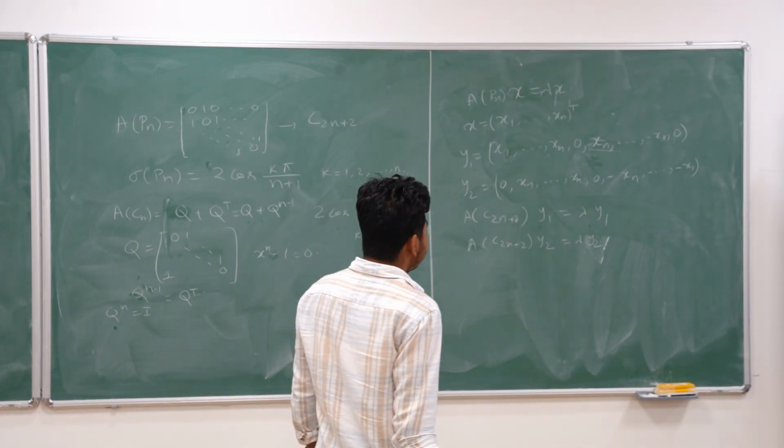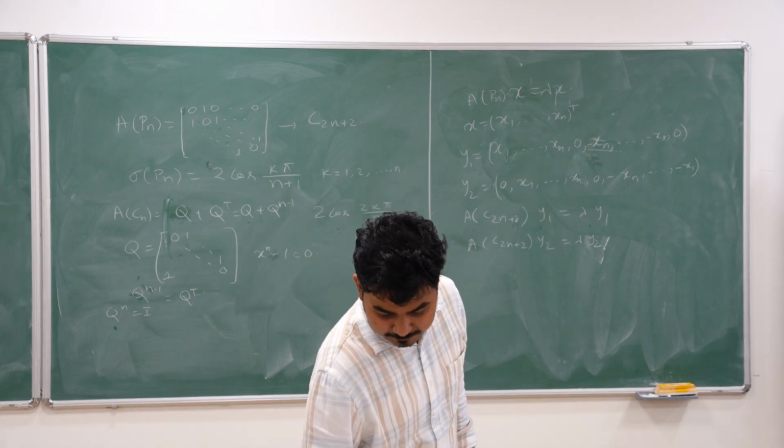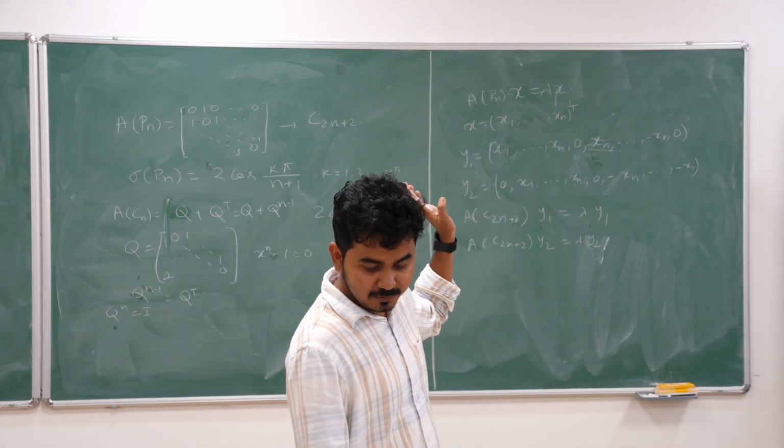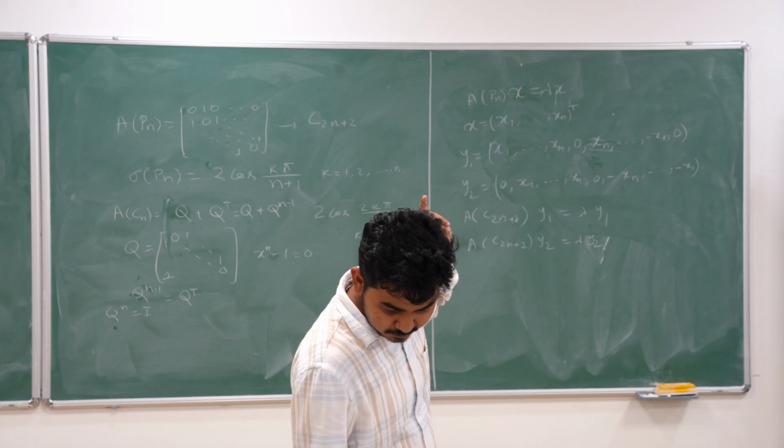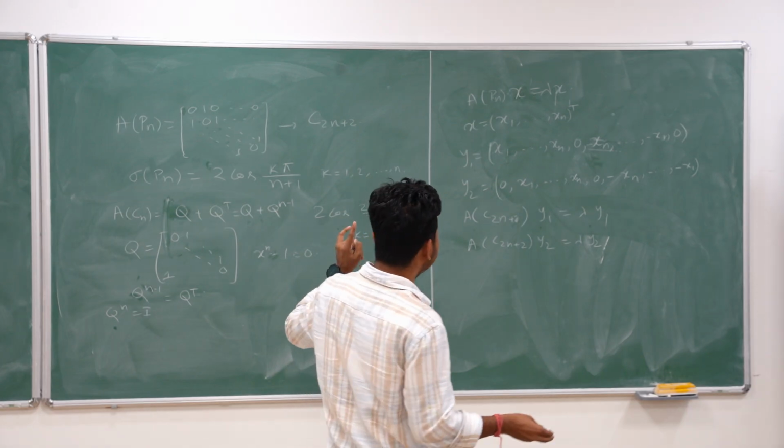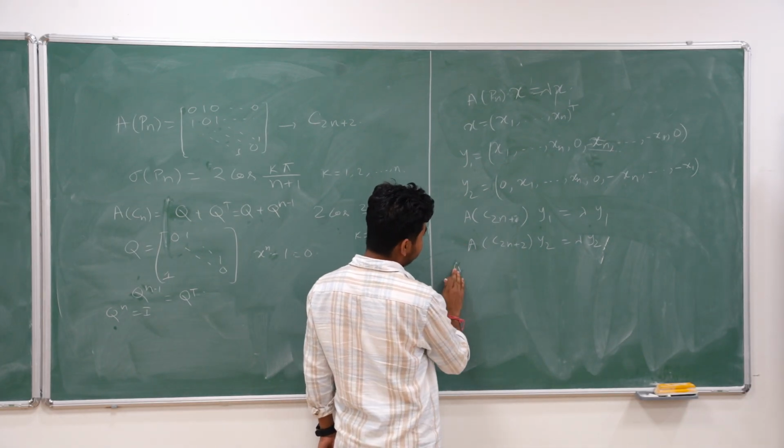So we know the eigenvalues of C2n plus 2. What are the eigenvalues of this C2n plus 2?